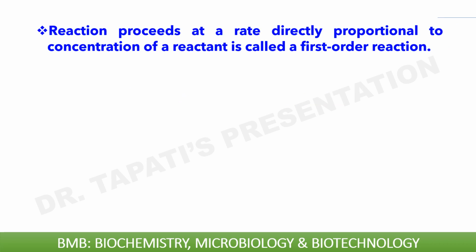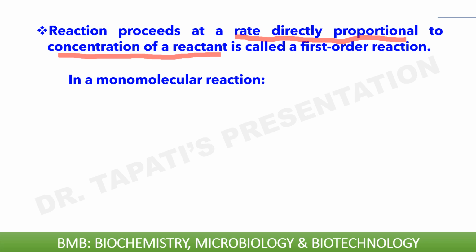A reaction that proceeds at a rate directly proportional to the concentration of a reactant is called a first order reaction. In first order reaction, rate is directly proportional to the concentration of the reactant.